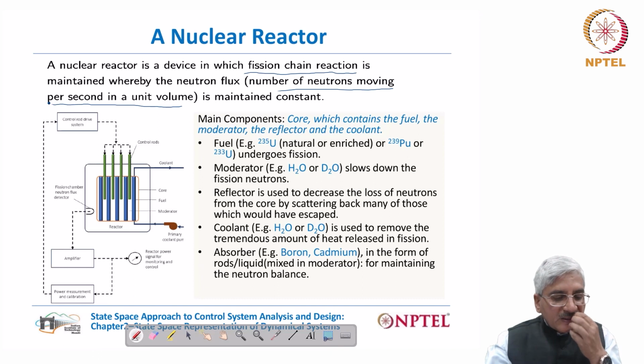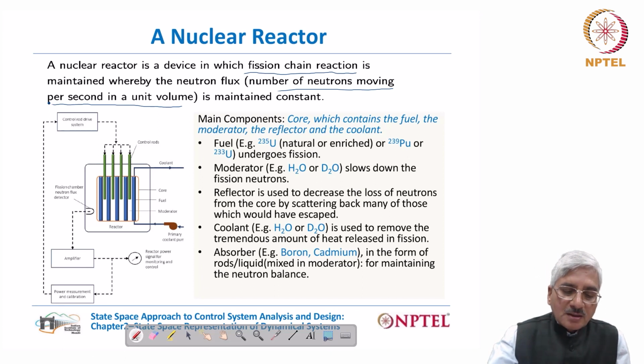So in a nuclear reactor, essentially we have to do the operation so that its neutron flux level is constant, and that is done if the fission chain reaction is maintained at a constant rate.